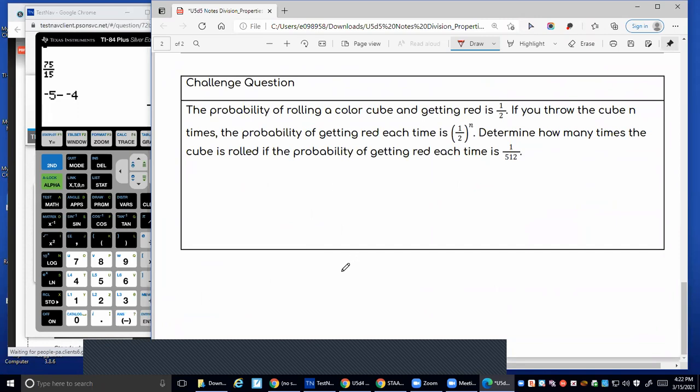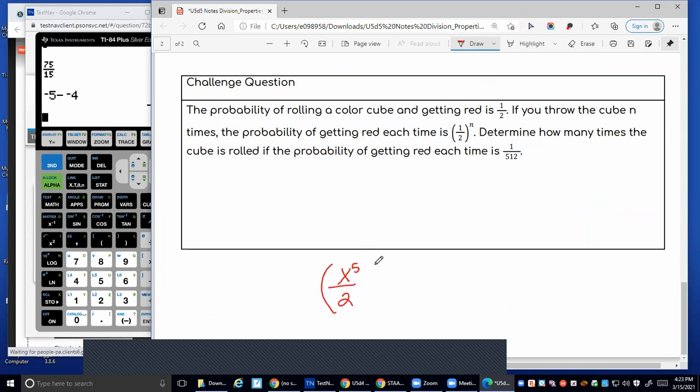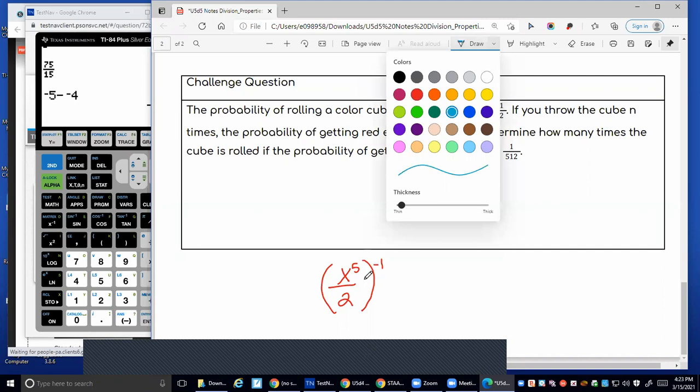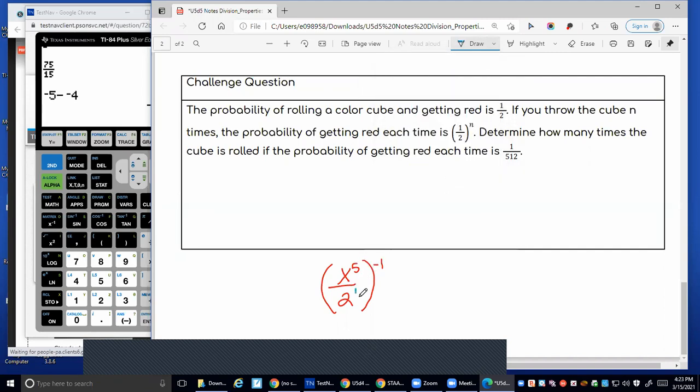Let's say you had something like x to the power of, let's say, 5 over 2, and you have it like this, -1. You know how we talked about that you could definitely apply the -1 times everything, right? But I just want to throw this at you. This is equivalent to 2 over x to the 5th.